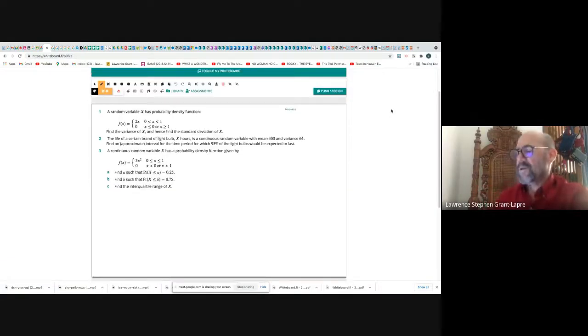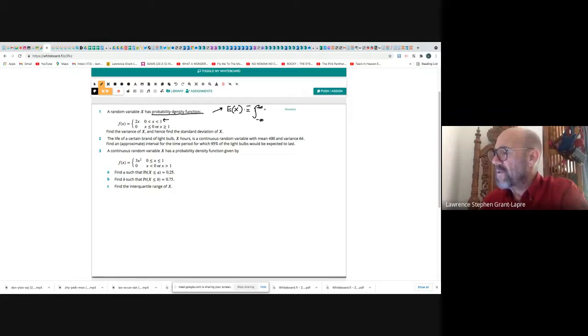Okay, so the question I would like you to do today is focused on continuous functions, where we're dealing with probability density functions. What we've done before is expected value of x, like the mean. To get the expected value of x, we went over the full domain, which is normally negative infinity to positive infinity, unless it's restricted like it is here, from 0 to 1.